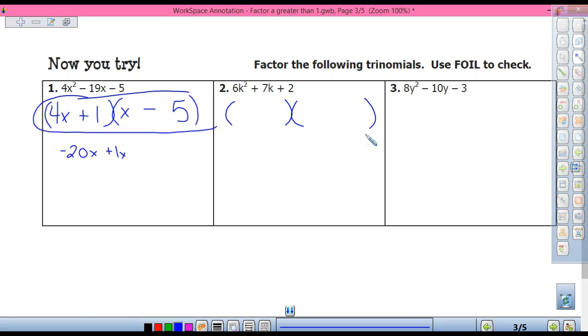Who thinks they've got it? A few people still writing. Okay. Jason, think you do? No, not yet. How is yours going, Chris? Think you got it? What did you use for your k squared? 1 and what? 6 and k. All right.